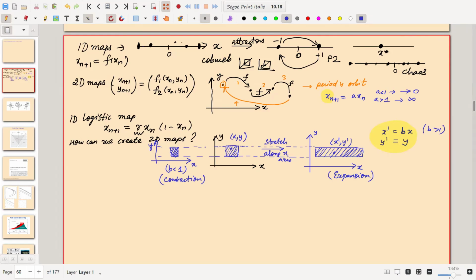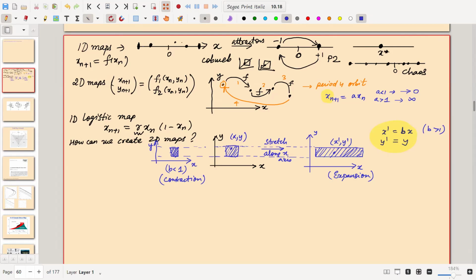So, therefore, 1D linear maps are also not interesting. So what the scientists thought was, how about we add some nonlinear terms? And how did they add nonlinear terms? You can see there is an x square term, so you can see this logistic map where r x_n minus r x_n square terms are there, isn't it?